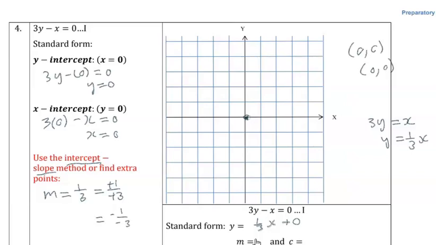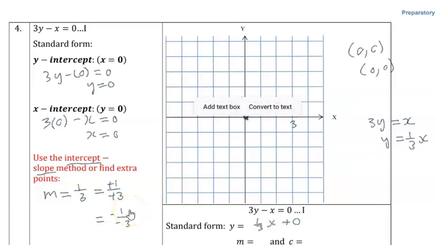Suppose I start at the origin and I walk 1 unit in the y direction and then 3 units in the x direction, I get my next point. So it's 1 unit up and 3 units to the right. It's plus, plus. So this is the number 1. This is the number 3. So there's my new point. Or if I use the second part, the minus 1, minus 3, I start at the origin.